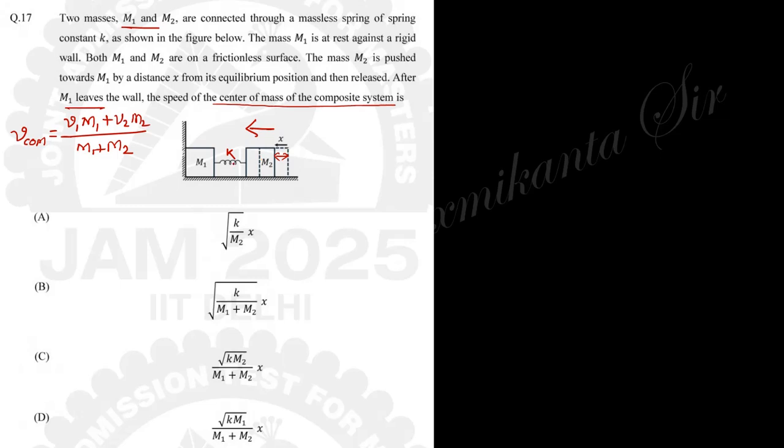Now what happened here: the compression of x becomes potential energy. The potential energy of mass m2 due to this compression will be half kx square, and this potential energy is converted into kinetic energy when released.